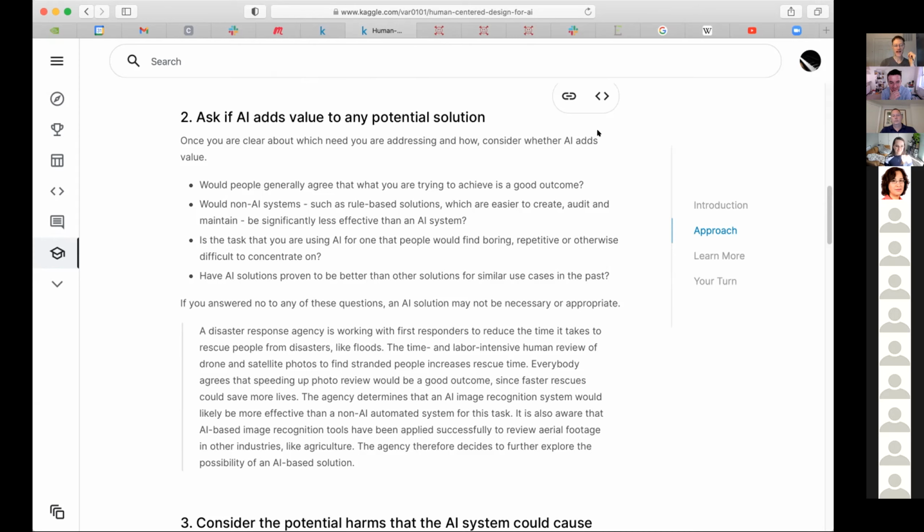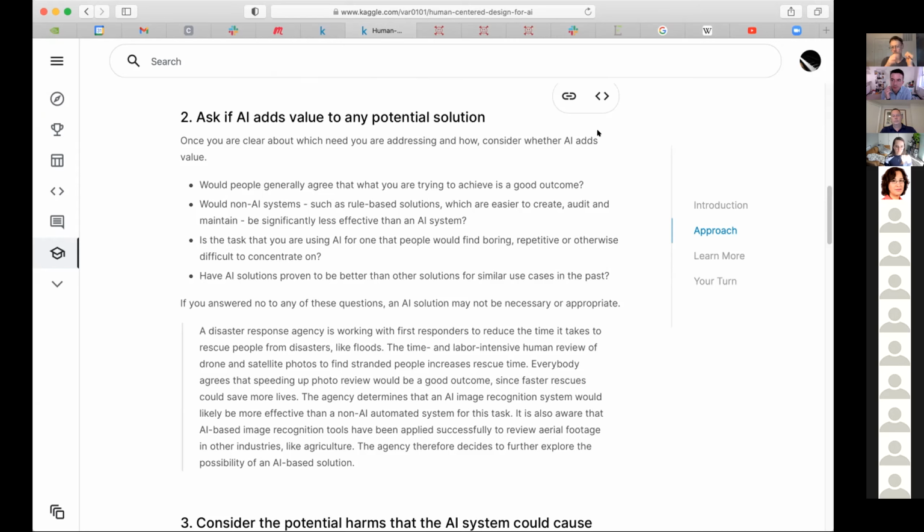And the fourth one, have AI solutions proven to be better than other solutions for similar use cases in the past? If you answered no to any of these questions, an AI solution may not be necessary or appropriate. And the example given here is a very apropos one, a disaster response agency working with first responders.